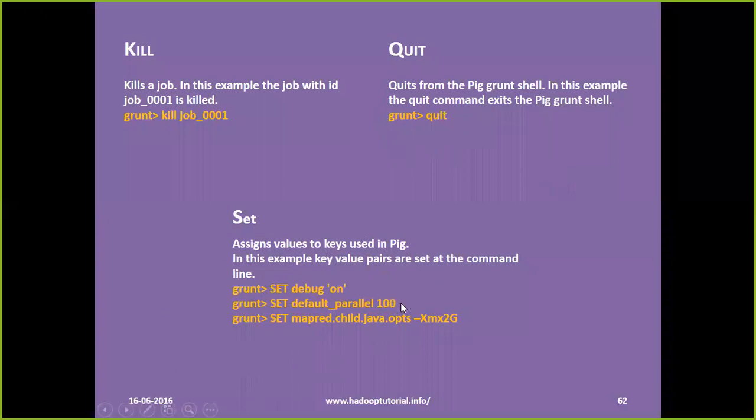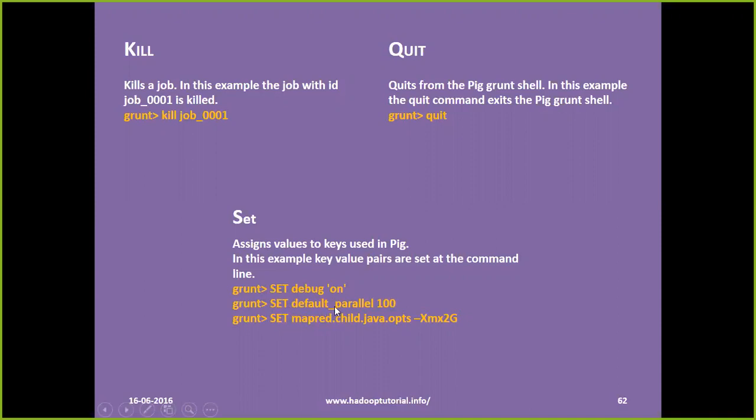You can also set some configuration parameters in your Pig shell, and this set command is applicable in all three: Pig, Hive, and Impala. The same set command is used for the same purpose of setting your properties. Set debug on, or set default parallel equal to 100.